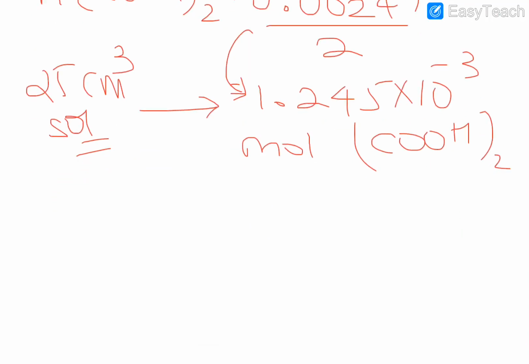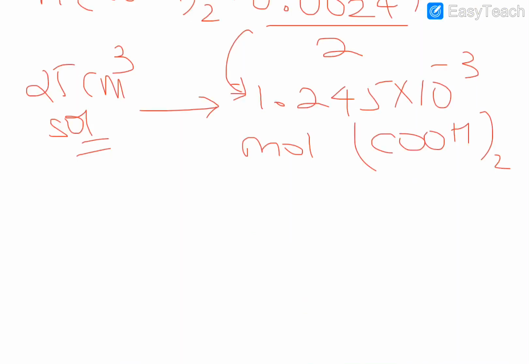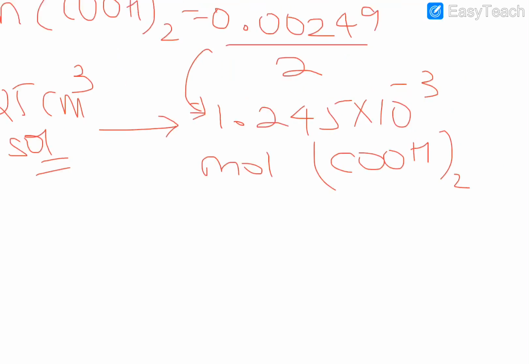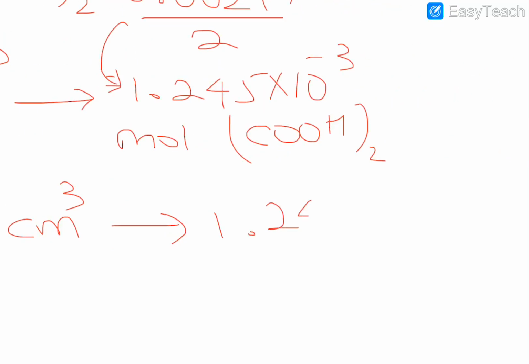And so that's 25, but the original solution was 250. If I know how much there is in 25, I'll know how much there is in 250. So there's going to be 10 times more. So that's going to be 1.245 times 10 to the power of minus 2 mole of oxalic acid.